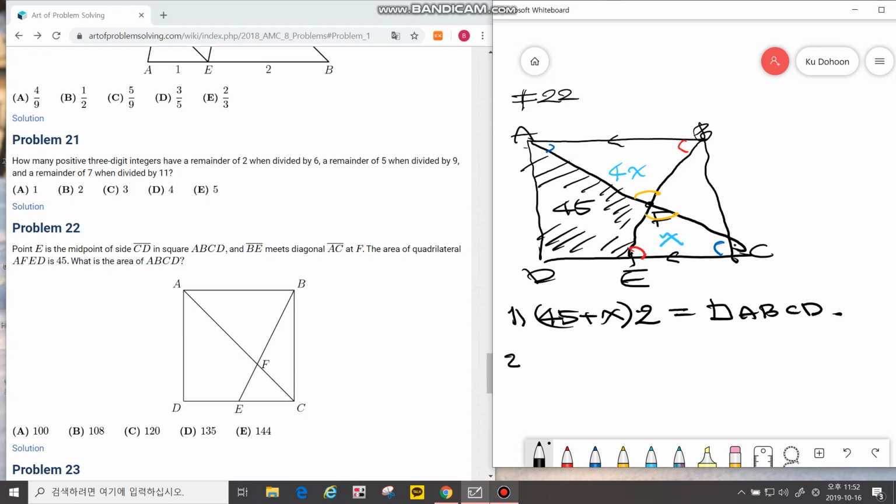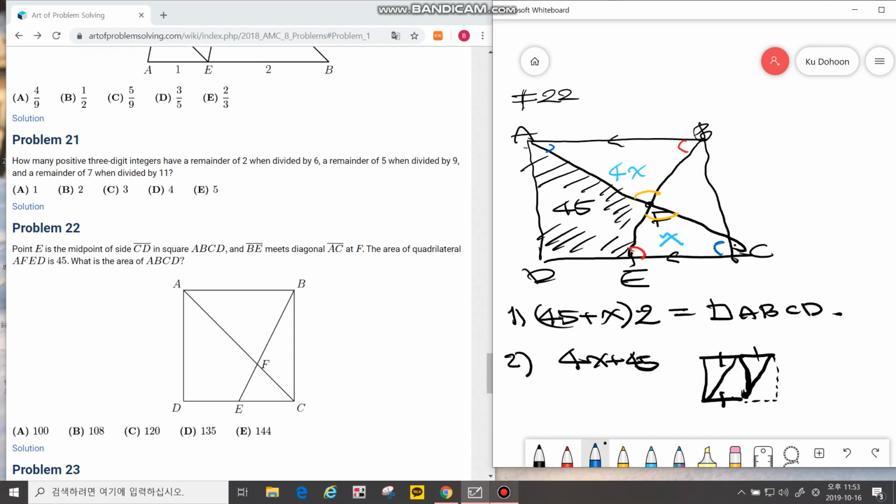Now, the second piece of information here is that we have 4x here, right? As you see, 4x plus 45 consists of this part and this part, right? So as you see, this bisects a side of a square, right? And now think about this.